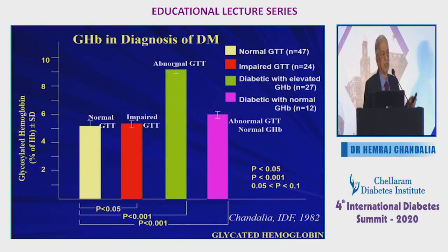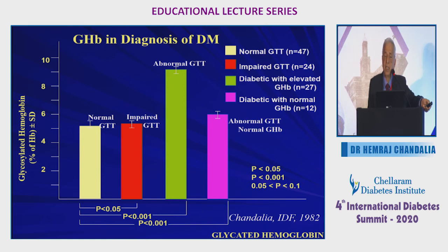Now this is another very important facet of glycated hemoglobin in which we were involved almost about 20, 25 years ago. I must tell you that now diagnosis of diabetes is not made by glucose tolerance test at all. It's totally outdated. Diagnosis of diabetes is now made by A1C and then isolated blood glucose attached with it, and preferably maybe a postprandial blood glucose.